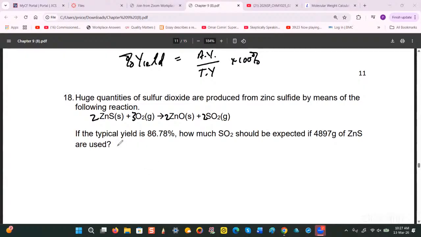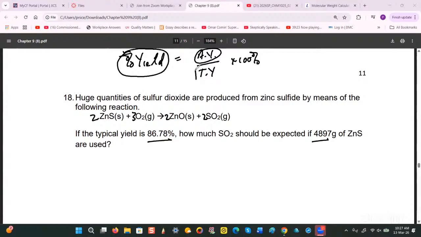Okay, good. So this question says, if the typical yield is 86.7%, how much SO2 would be expected if 4,897 grams of zinc sulfide is used? So what we need to do first, based on this equation, they gave us the percent yield, and they're asking for the actual yield.